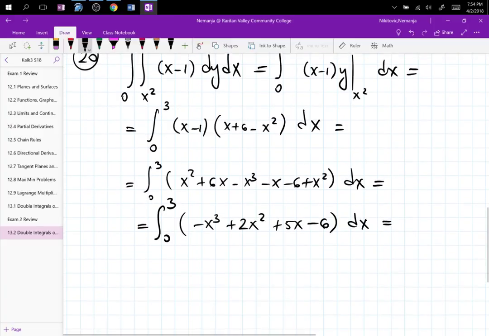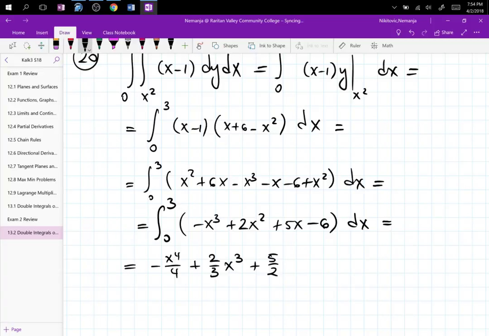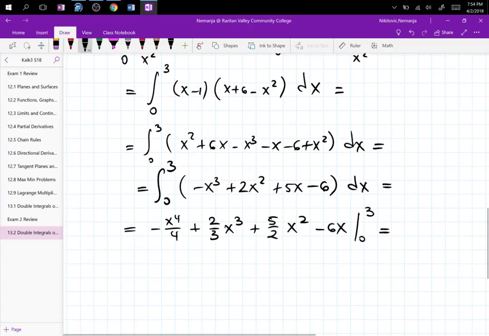And now just do the Calculus 1 integral. So that's negative x to the 4 over 4 plus 2/3 x cubed plus 5/2 x squared minus 6x computed from 0 to 3. Since it's a polynomial, we don't have to worry about 0 because 0 will kill every single term over here. We just worry about 3. 3 to the 4th power is clearly 81.